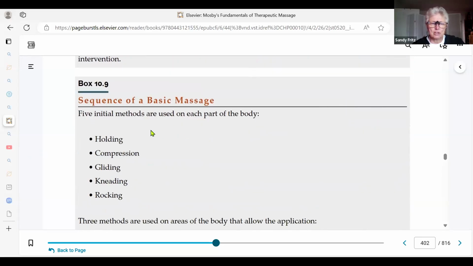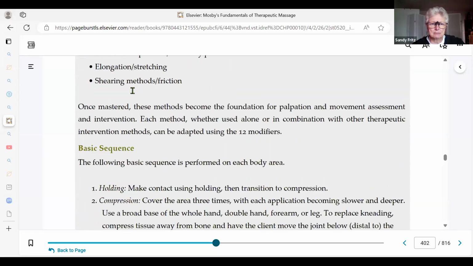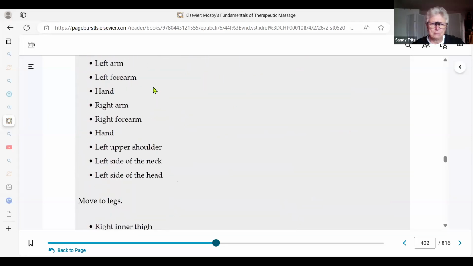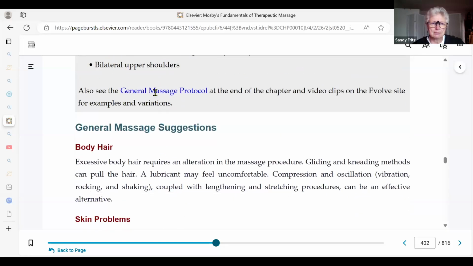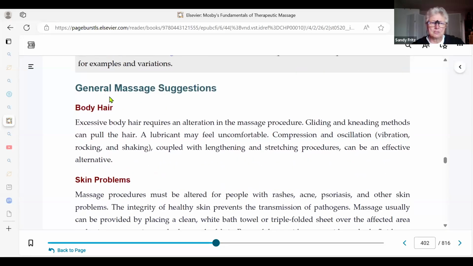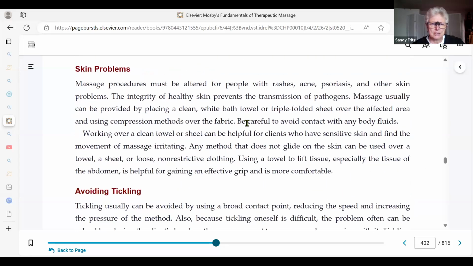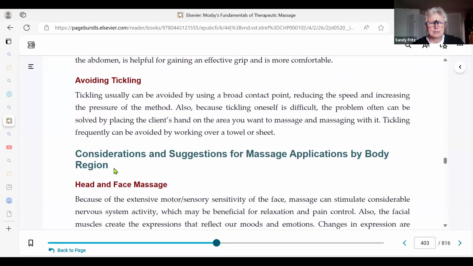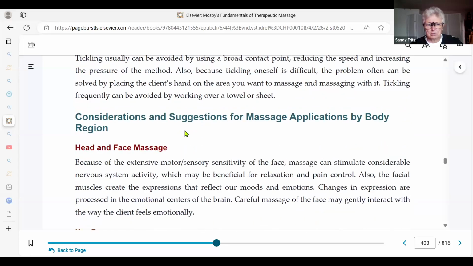And then here's a general sequencing and how to move around the body. And then some suggestions for adaptation around body hair, skin problems, how to avoid tickling, and some considerations and suggestions by body region.